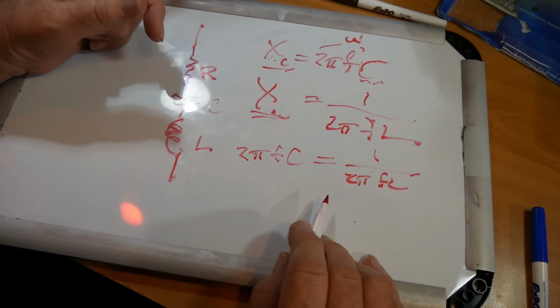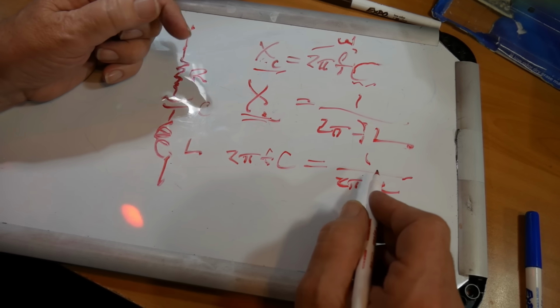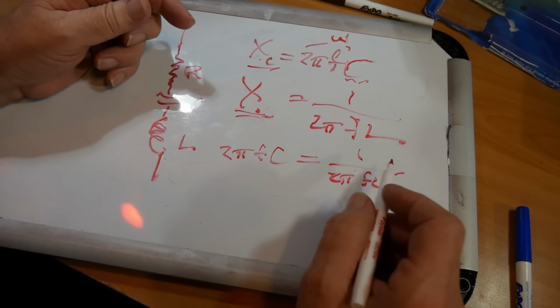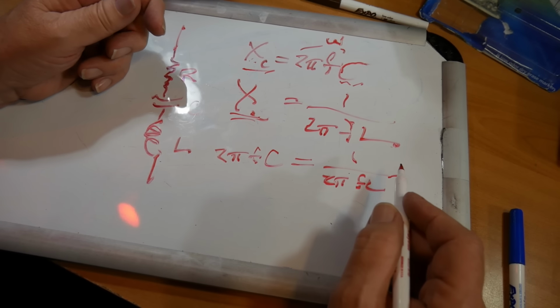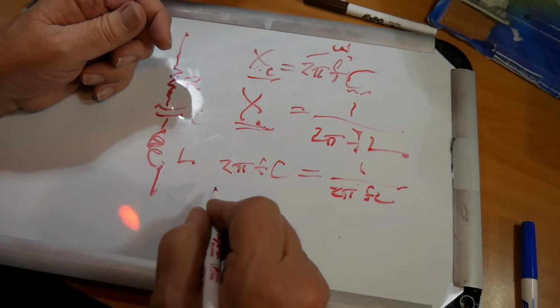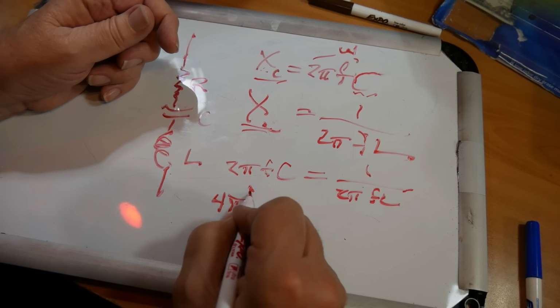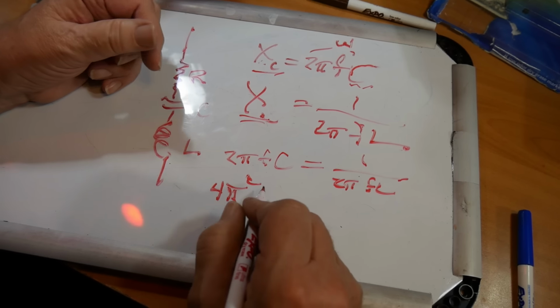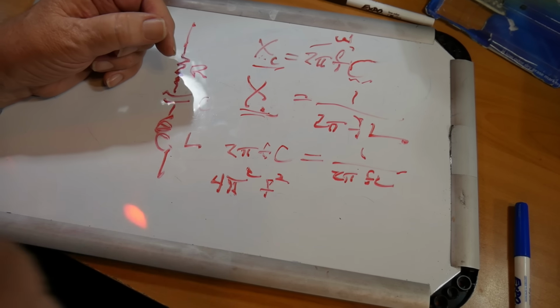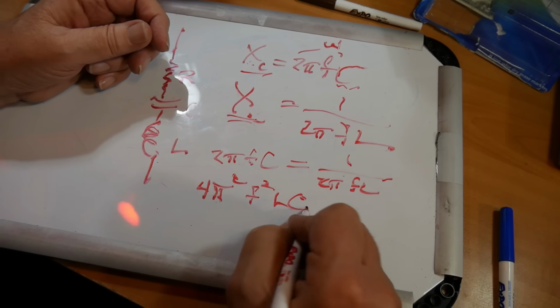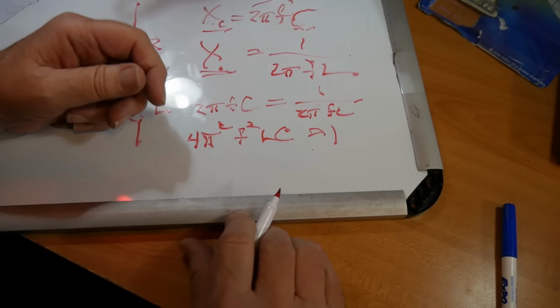Well, now we can start playing algebraic games and things like that. And when these two reactances are equal, we get 4 pi squared times the frequency squared times LC equals 1. Well, that's a little hard to deal with.